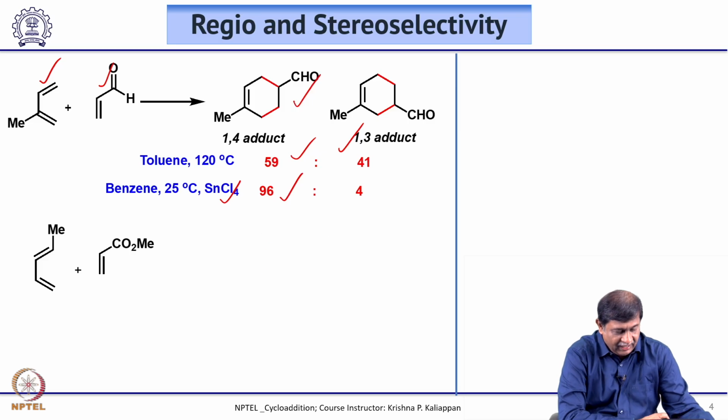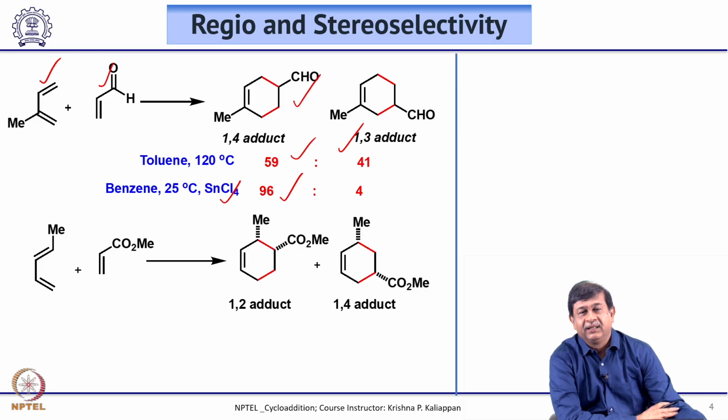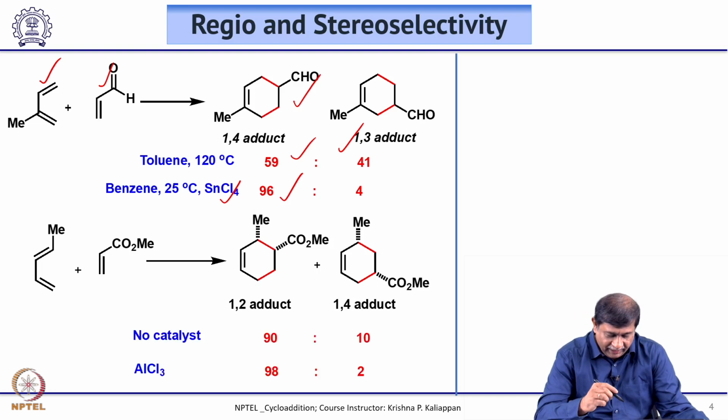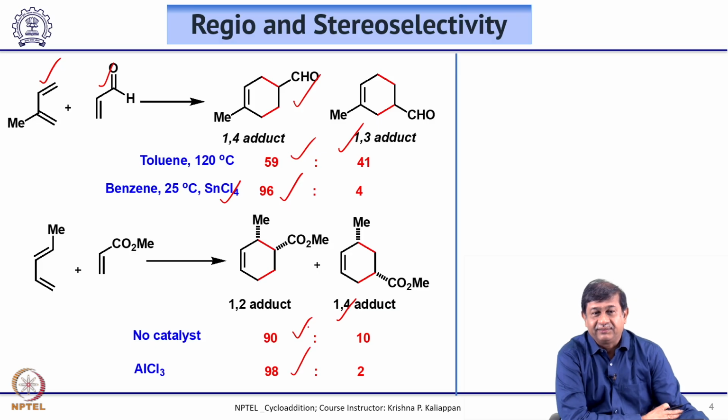And if you take 1-methyl butadiene and do the same thing with methyl acrylate, you can see here the 1,2 adduct without catalyst is in a 9:1 ratio, but when you use aluminum chloride, it's almost completely in favor of the 1,2 adduct. So this is what Lewis acid can do.